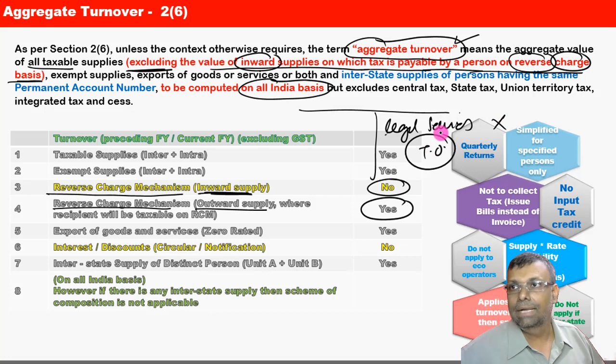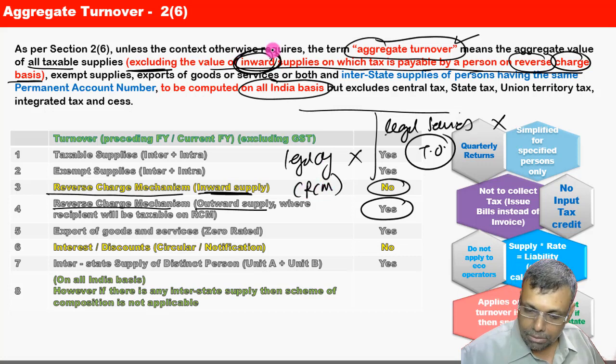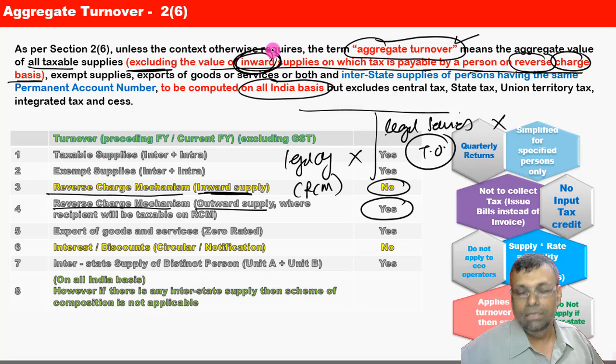However, supposing I am a manufacturing company and I have a legal service expenditure on which the reverse charge mechanism is applicable, so if there are legal services on which RCM is applicable on an inward basis, that will not be covered by the turnover criteria.